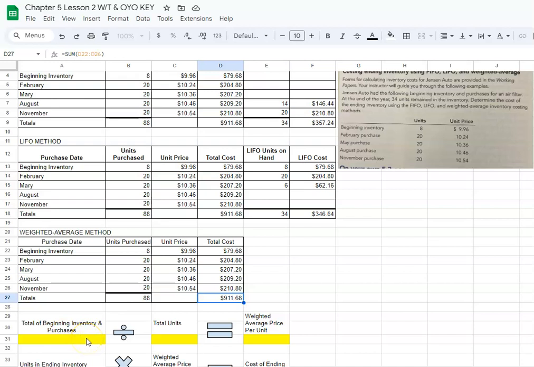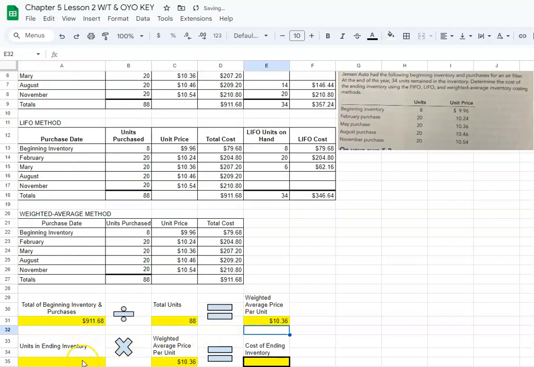So what we'll do here is our total of beginning inventory and purchases, that number is the 911.68. Total number of units, that's an 88. You can see it there, or you can link it if you want to. So your weighted average price per unit, you're just going to divide.